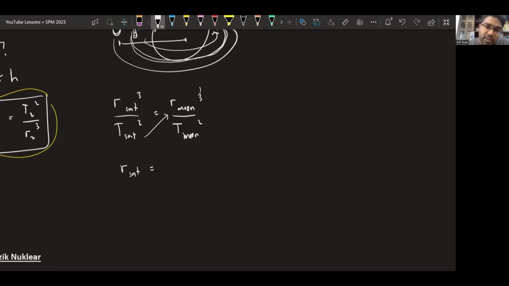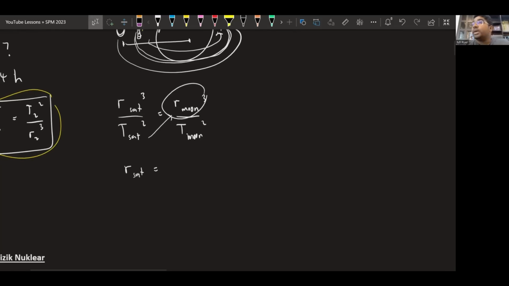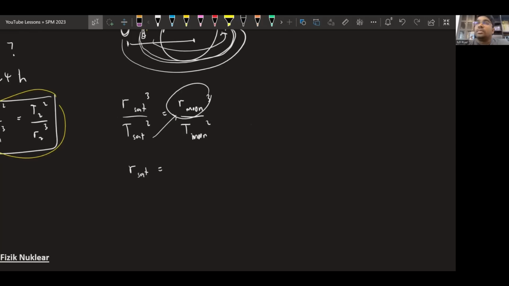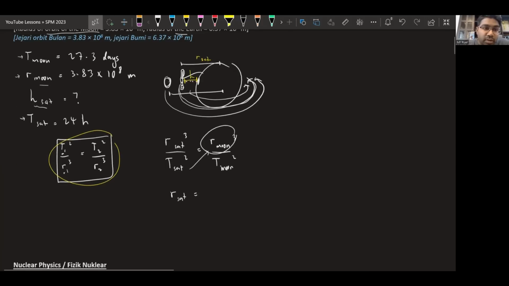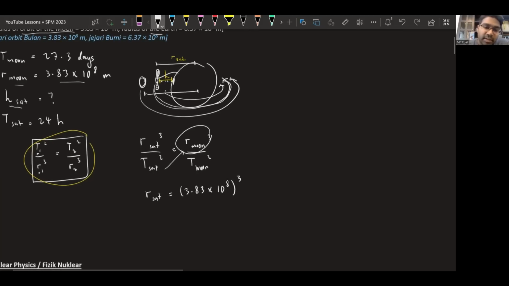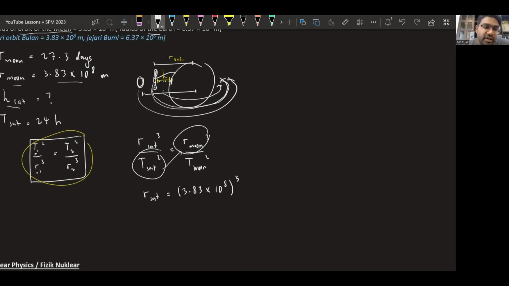So this will be the radius of the moon cubed, which is 3.83 times 10 to the power 8, the whole thing cubed, and then multiplied by the period of the satellite squared. You have to be careful to use the same units. So 24 hours, since this is days, I'm going to change this to 1 day. Note that you can change these to hours as well.